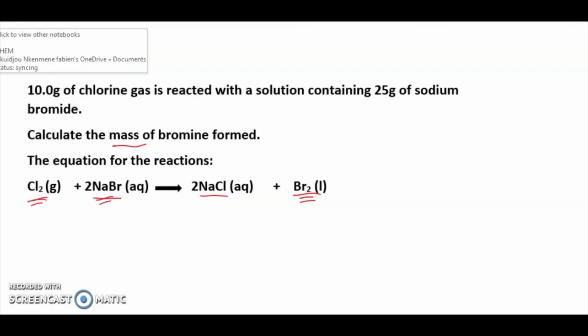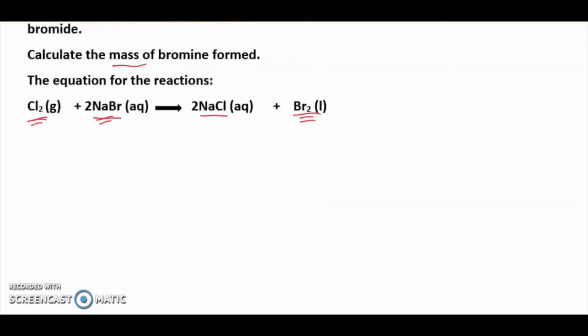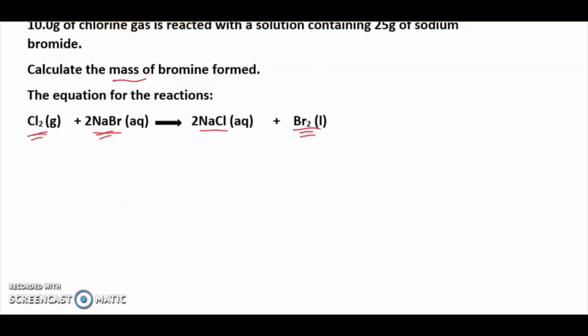Okay, so here we have the reactants: chlorine and sodium bromide. The mass for chlorine is 10.0 grams.